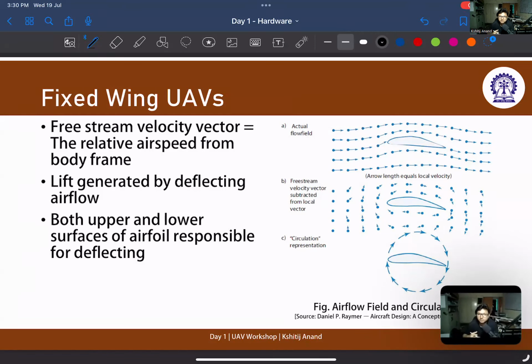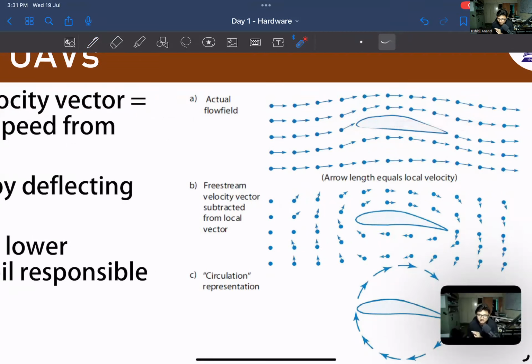This piece should be streamlined to minimize drag. Drag is the force which acts in this direction because it is stopping flow in this area from moving forward. It's asking it to deviate its path. That is why the flow will create resistive force, and that force is going to be drag.